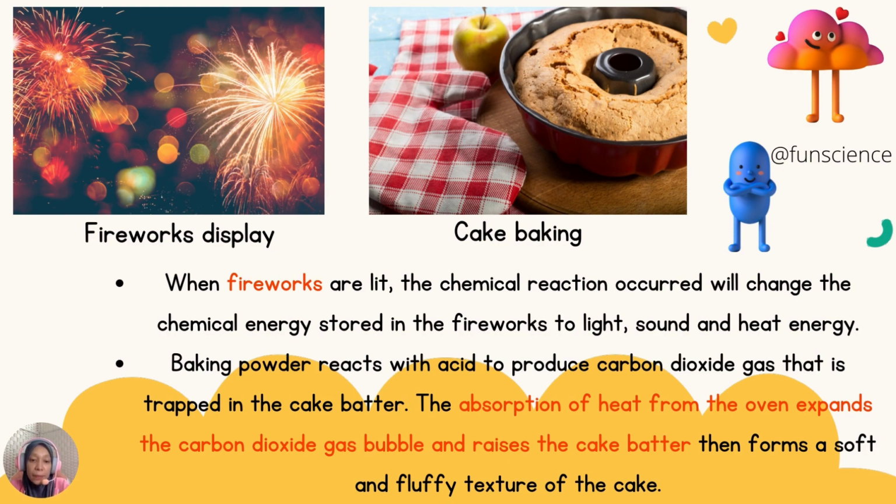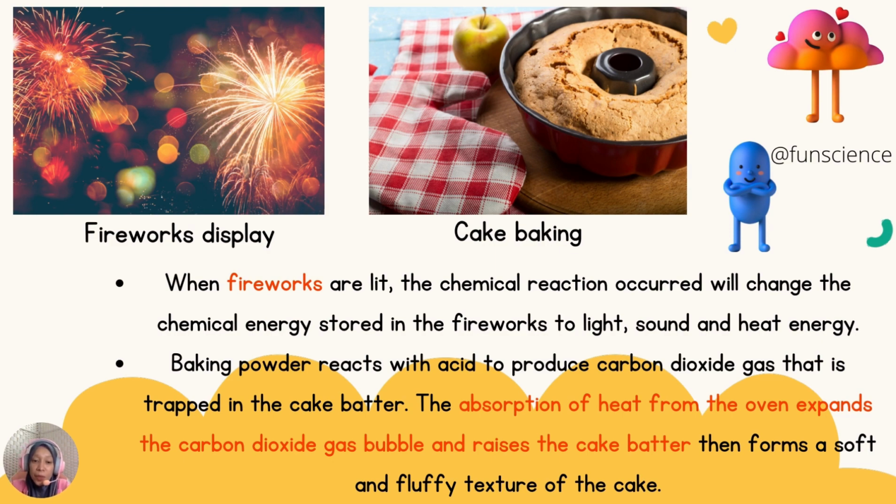So, the absorption of heat from the oven to the cake batter expands the carbon dioxide gas bubble and raises the cake batter. Then it forms a soft and fluffy texture of the cake. Sampailah cake tu mengembang. So, the keyword here is absorption of heat from oven to the cake.